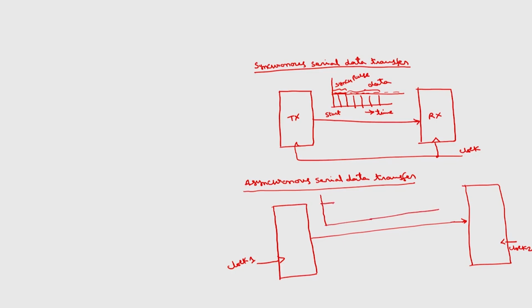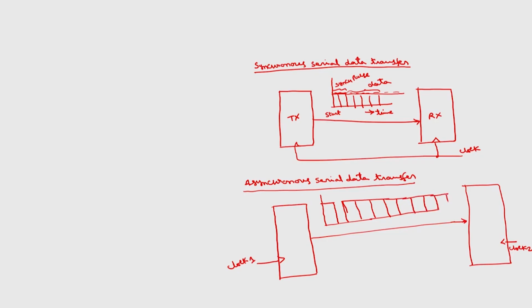So, this is mark and we have one space, then we have data bits 1, 2, if I assume 8 bits of data, 3, 4, 5, 6, which will be of the same duration, 7 and 8.